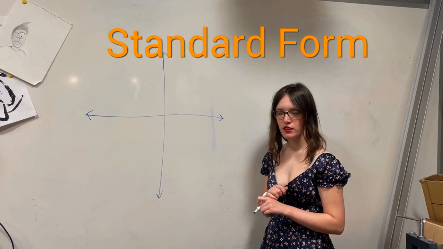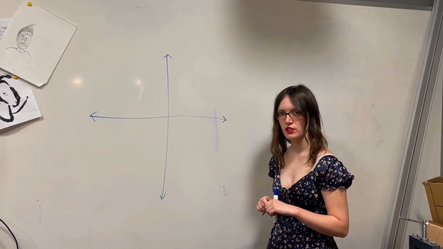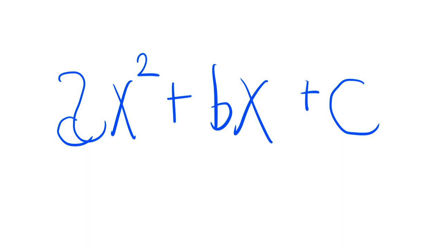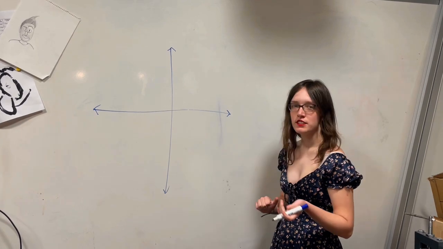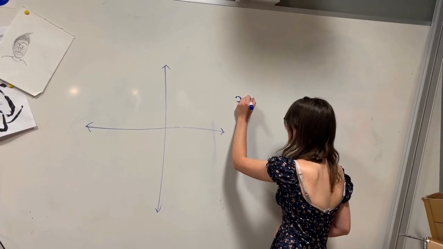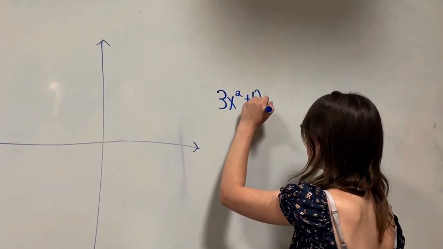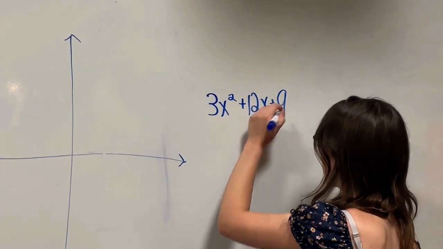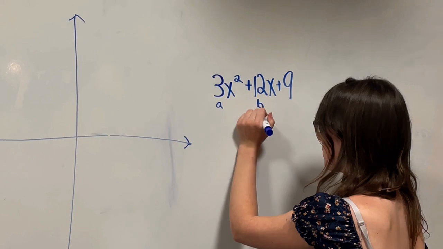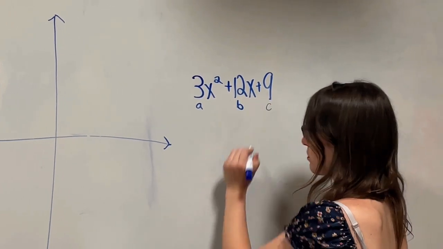So every quadratic equation follows the formula ax squared plus bx plus c. So let's say for our equation we had 3x squared plus 12x plus 9. Our 3 would be a, our b would be 12, and our c would be 9.